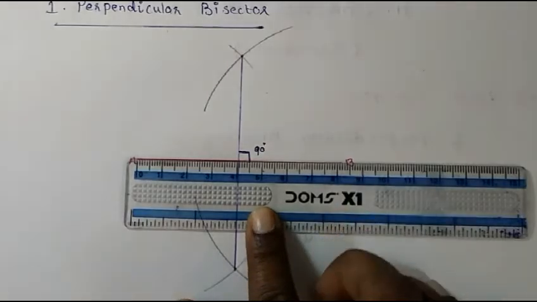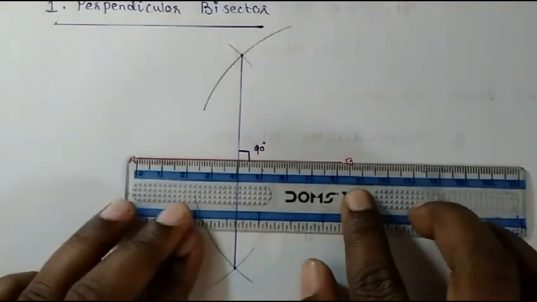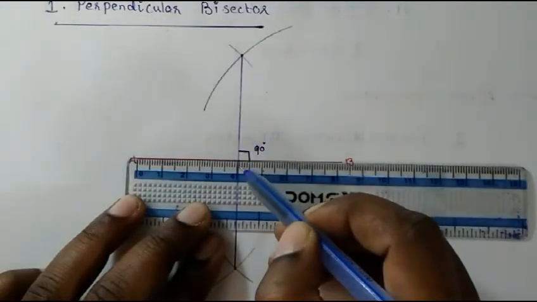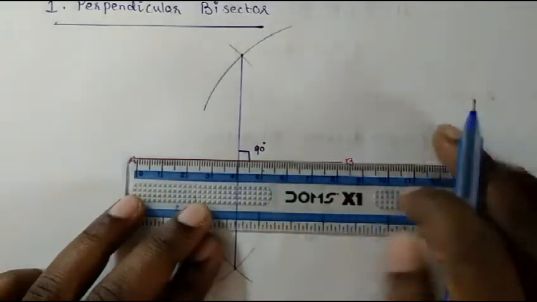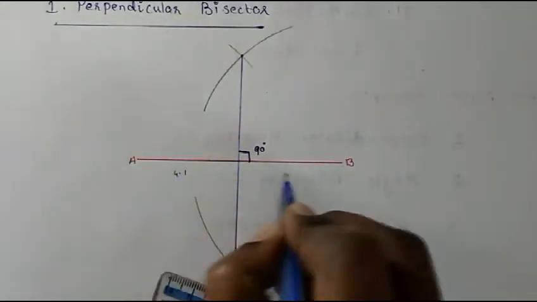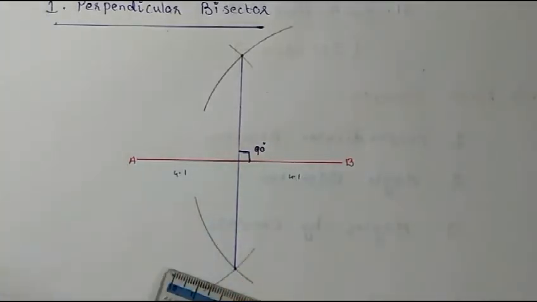It is divided, you see, exactly. It is 8.2 the whole measurement. Then this is exactly divided at 4.1. See, equally it is divided. So this is 4.1, here 4.1. So total 8.2 centimeters it is. So this is the speciality of the perpendicular bisector.